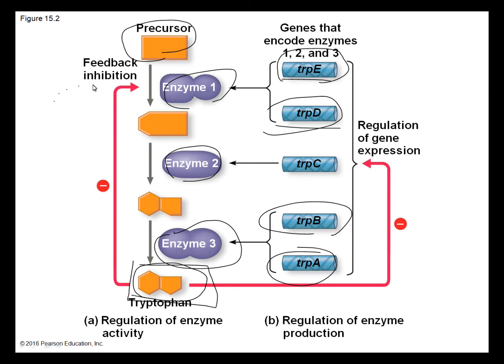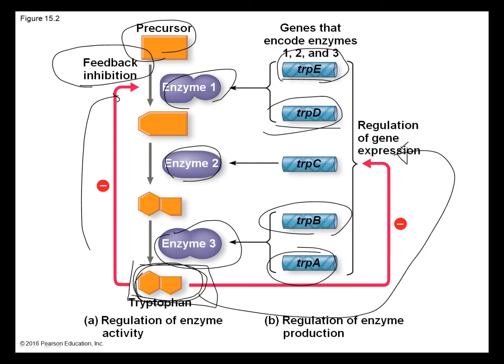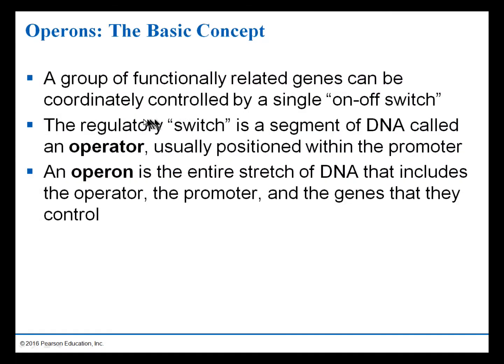There are two mechanisms. One is feedback inhibition: tryptophan, the end product of this pathway, can inhibit the first enzyme and stop the production. Second, this end product should also stop the transcription of the messenger RNA from the genes, so that you do not produce enzymes 1, 2, 3 if you don't really need them.